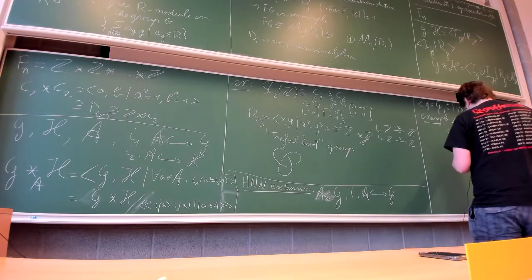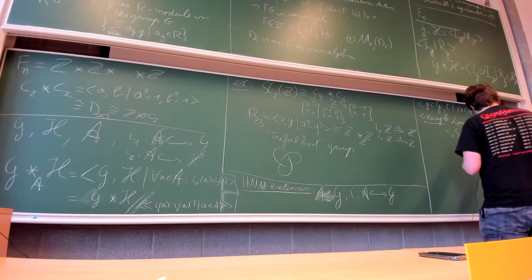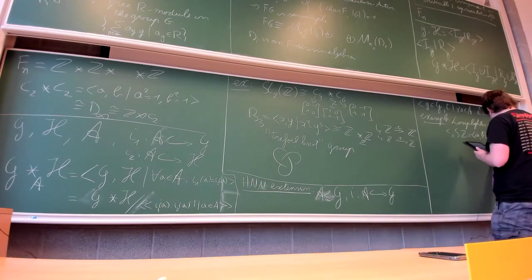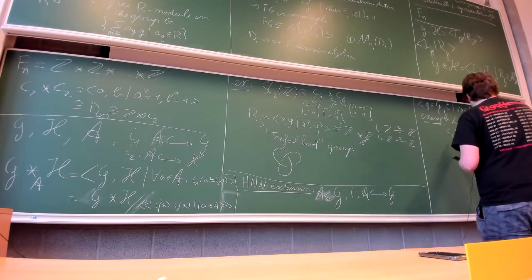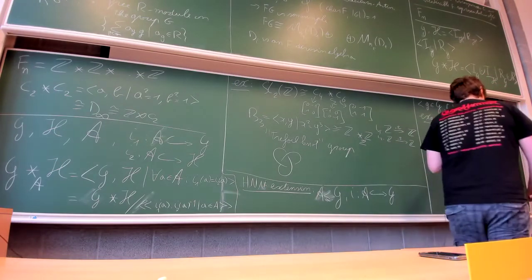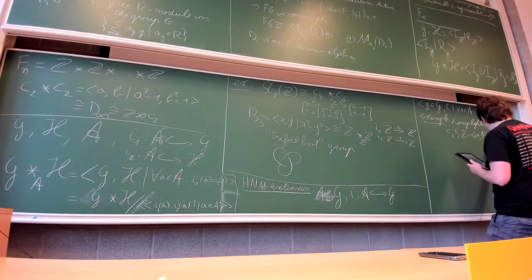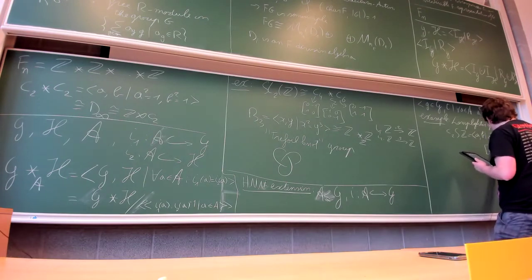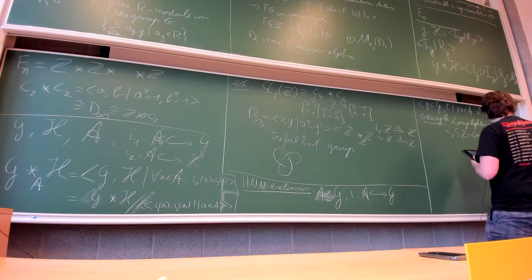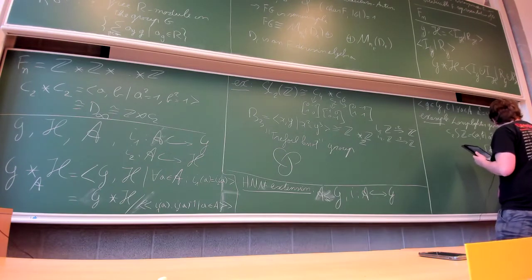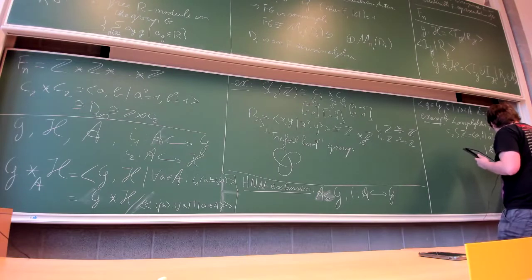It's generated by two elements. You see I like groups generated by two elements. A squared equals 1, so it's an element of order 2. And then if you take A to the B to the N, and you take A to the B to the M, then those two have to commute for all N and M in Z.